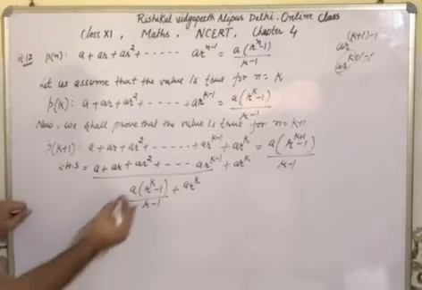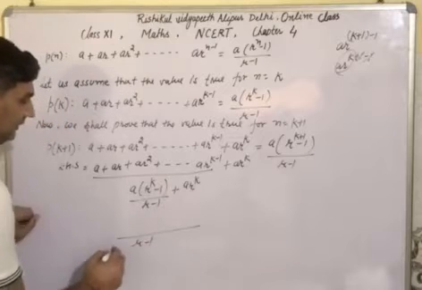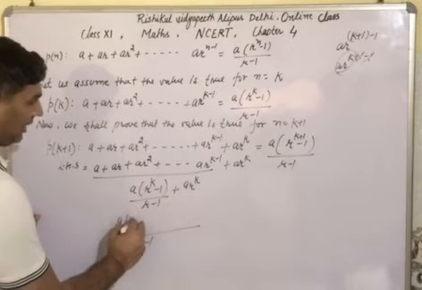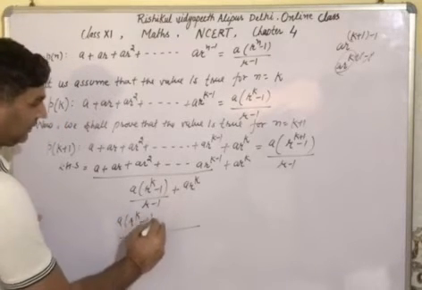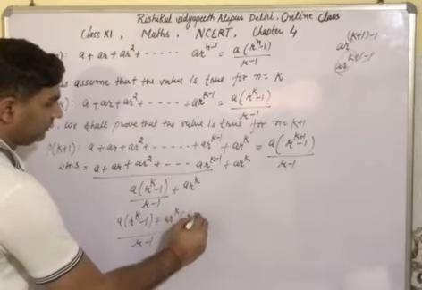Then taking the LCM of both the terms, r minus 1 is the LCM: a into r raised to power k minus 1 plus ar raised to power k into r minus 1.